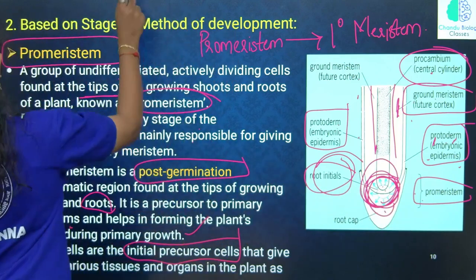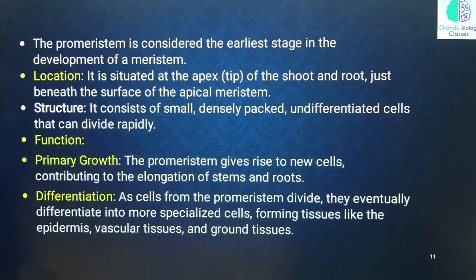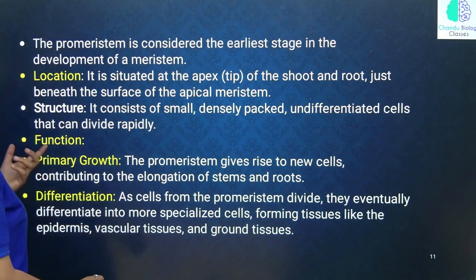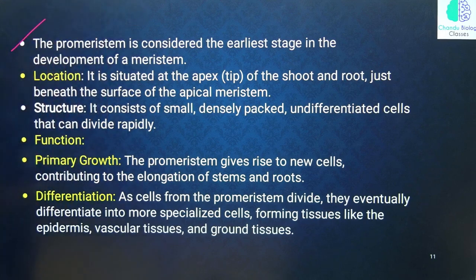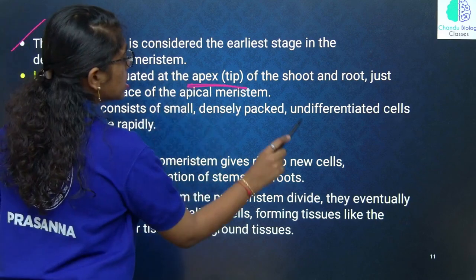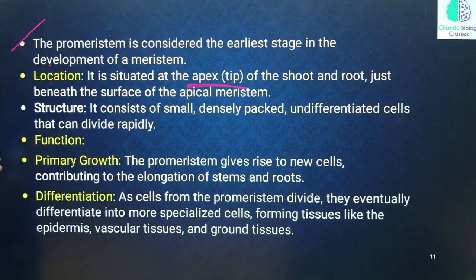Clear? Now, the promeristem is considered the earliest stage of development of the meristem. The most important things to remember, friends, are location and function. Location is at the tip, the apical region of root and shoot.